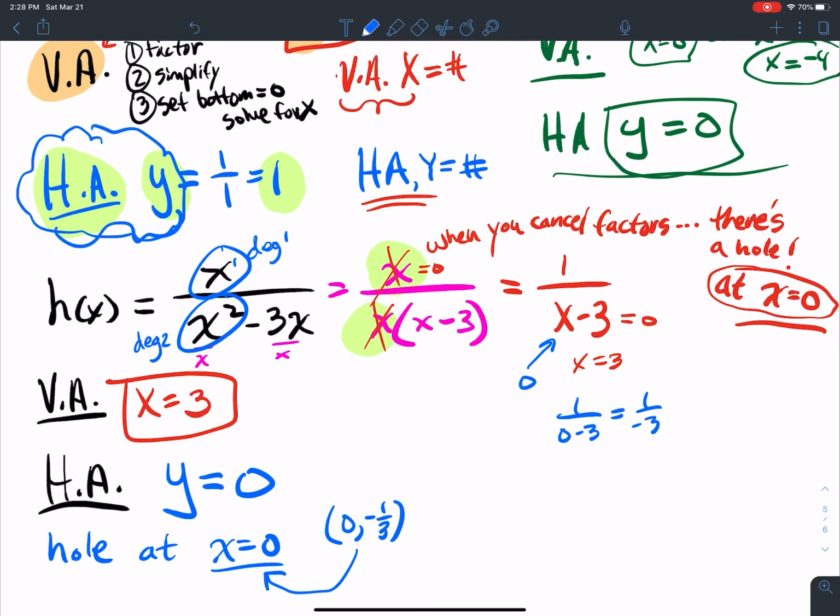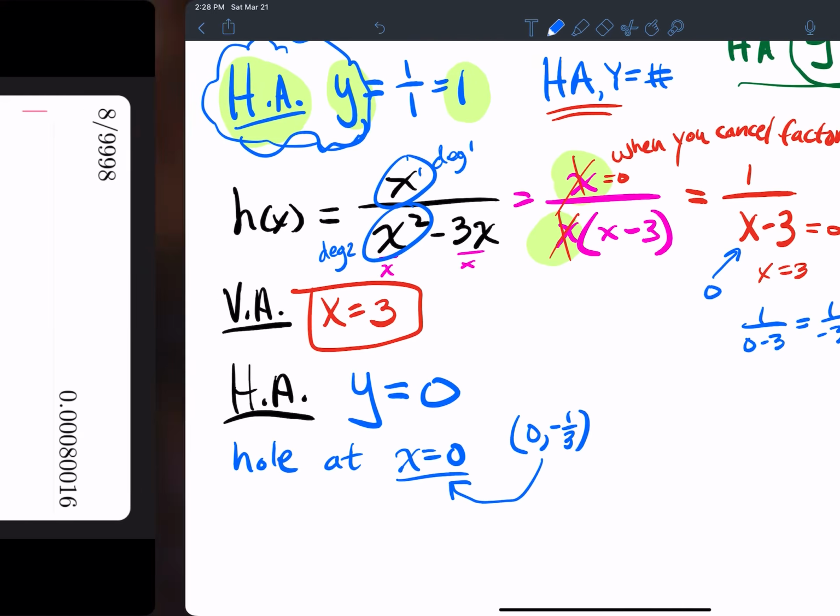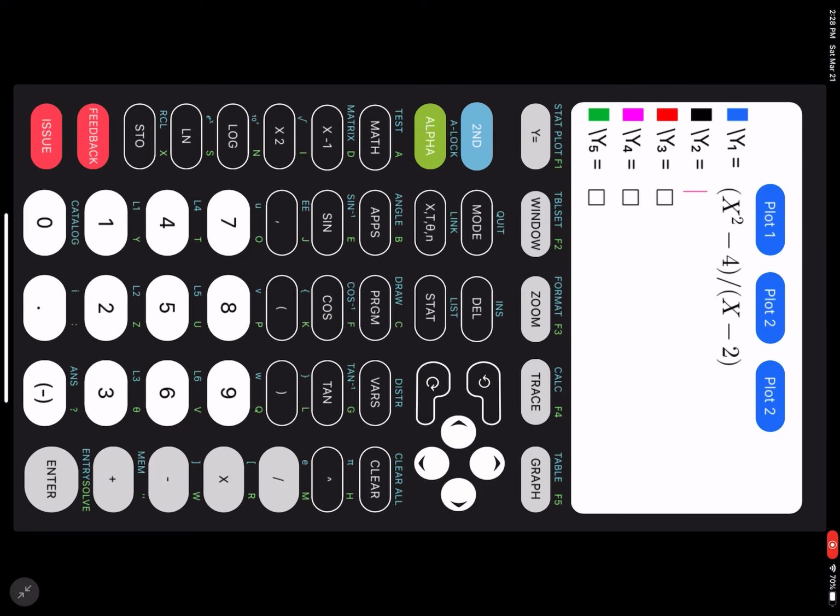Okay, so just to give you an idea of what this graph sort of looks like, let's graph it. Let me delete this.